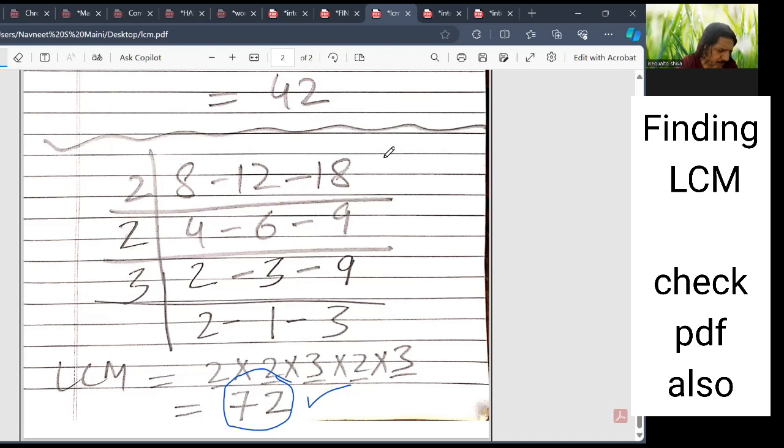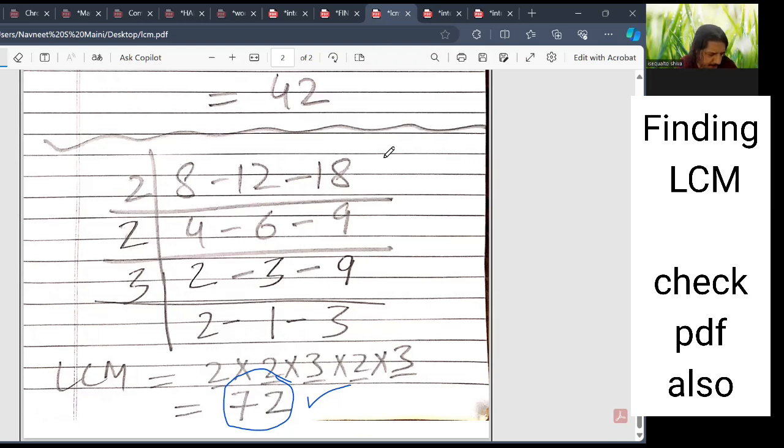One second, I'll tell you. I think 244 might be incorrect. I'm not sure whether this is the correct answer. See, 72, 216. 216 is the correct answer.